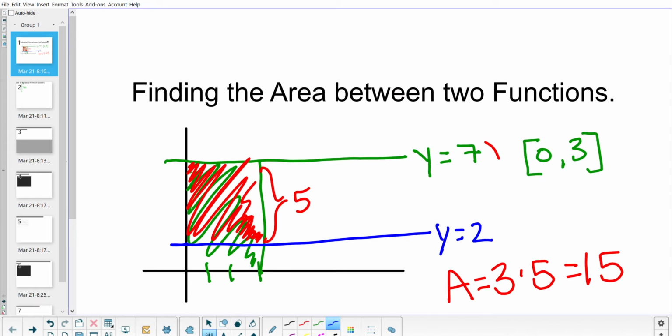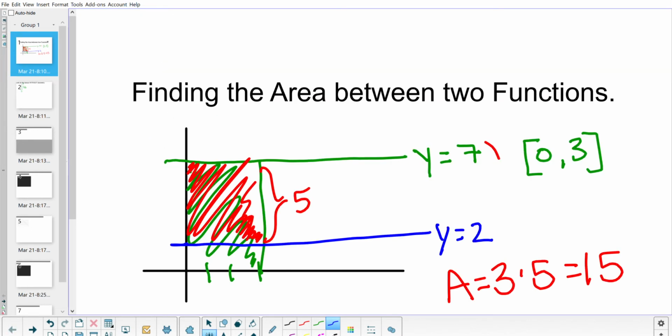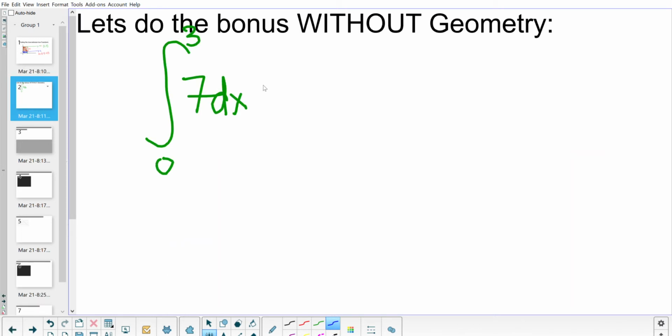I'm going to take the green area, which is this right here, and I'm going to subtract this blue area. If I subtract this blue area from the green, you're left with the red. So that looks like this with calculus. So minus the area from 0 to 3 under the curve 2.